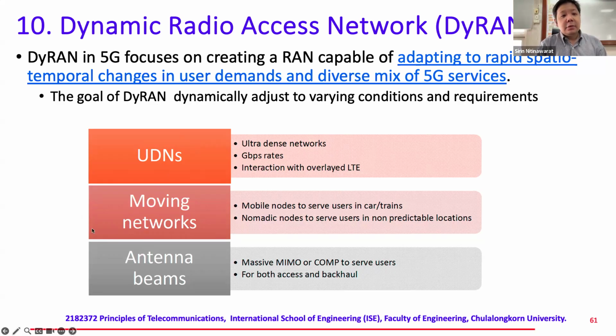You see concepts of moving networks where mobile nodes are used to serve users in high mobility, right? Or sometimes you see nomadic nodes to serve users in unpredictable locations. Okay. To support this dynamic RAN network, some multiple antenna techniques are also used.